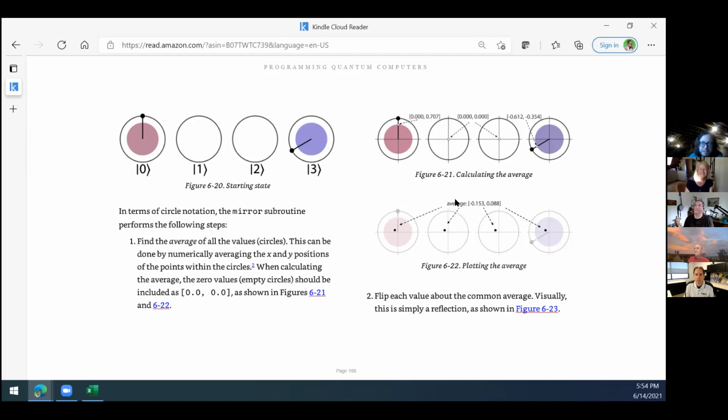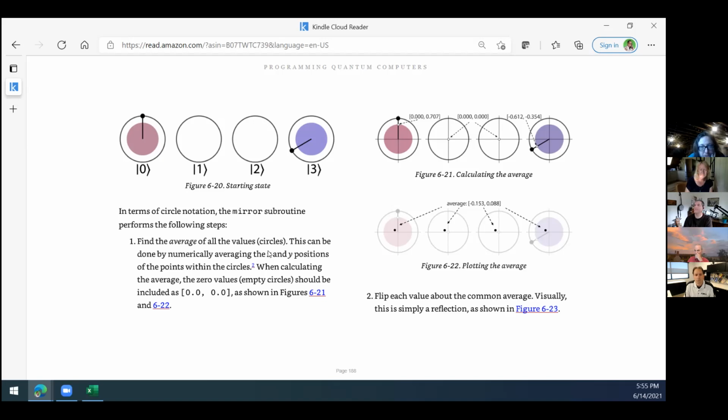I didn't check his math, but no, that doesn't make sense. No, it does make sense. Never mind. Okay, so in the magnitudes, we have 0.7, 0, 0, and -0.35, and that gives us an average of 0.088.